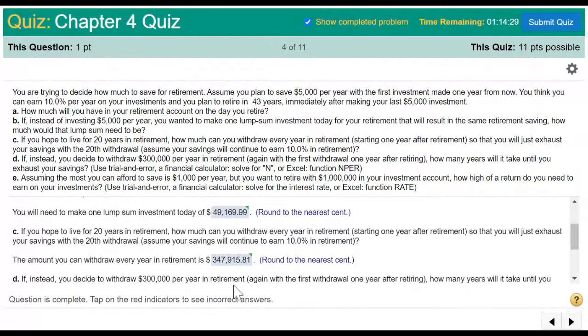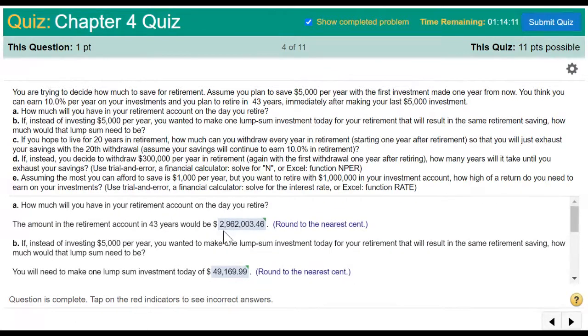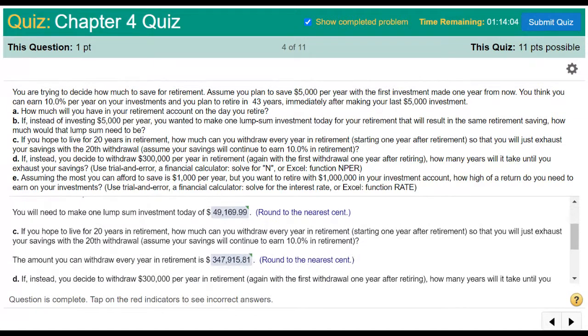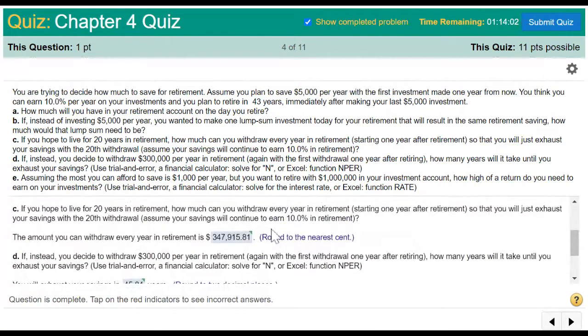We leave payment alone. Future value is 0. We already have the money in our hand. It says starting 1 year after retirement. That means you got paid already. So the money's with you. So that's the present value. So the present value is 2,962,003.46. And then compute for payment. You should come out to 347,915.81.